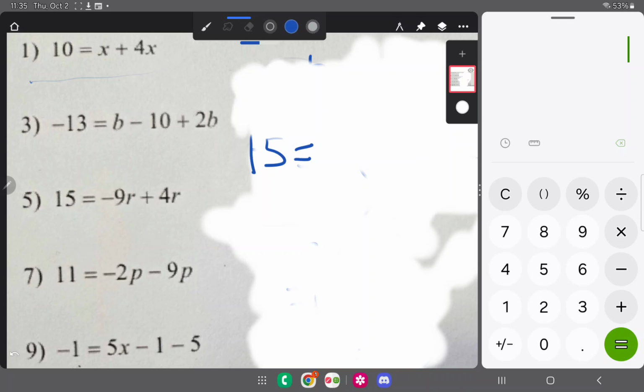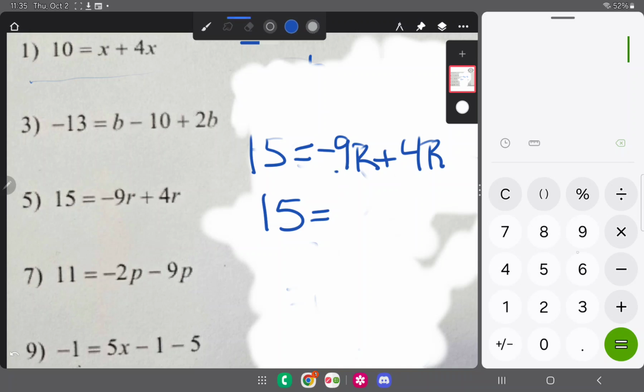15 is equal to negative 9r plus r, or 4r. So we're combining like terms because they both are r's. There's no constant here, so we don't have to do anything.